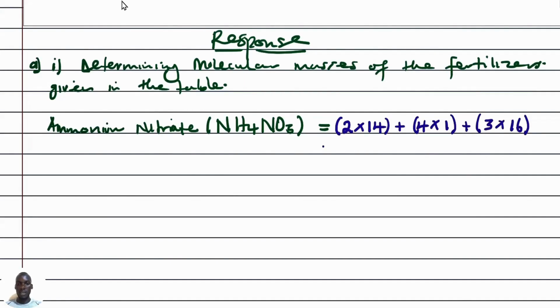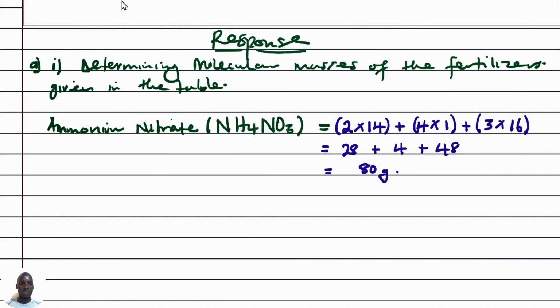As I simplify, 2 multiplied by 14 gives 28, plus 4, plus 48. The whole of this gives me 80 when I sum. So that is our molecular mass for ammonium nitrate.